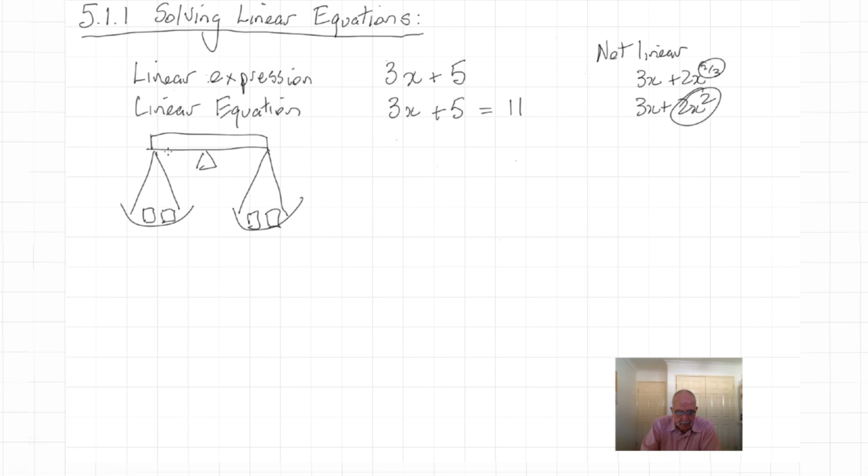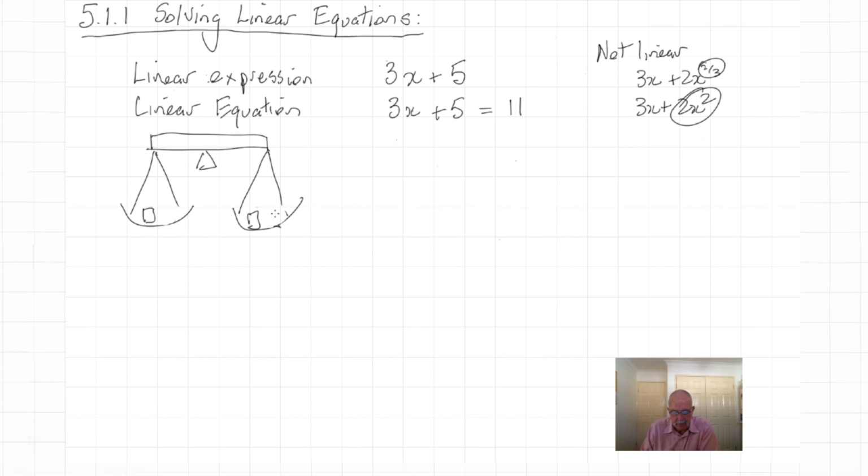That way it would balance perfectly horizontally. If we added another weight on that side, we had to add the same weight on the other side. If we took away two of these, that wouldn't balance, so you'd have to take away two on this side, and then it would balance.